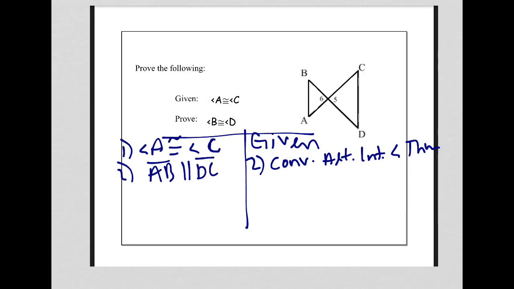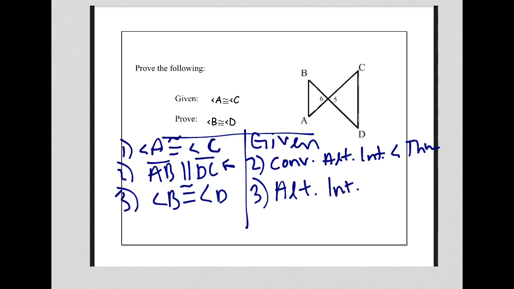Converse always tells us that lines are parallel when we're given angles are congruent. So then our last and final step is always what we need to prove, and we're proving that angle B is congruent to angle D, and we get that from the above statement by the alternate interior angle theorem.